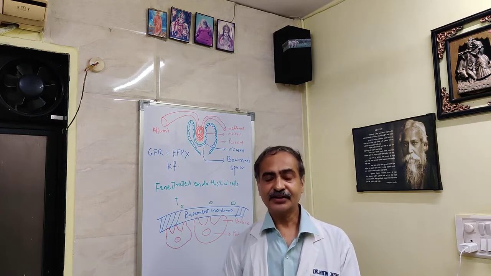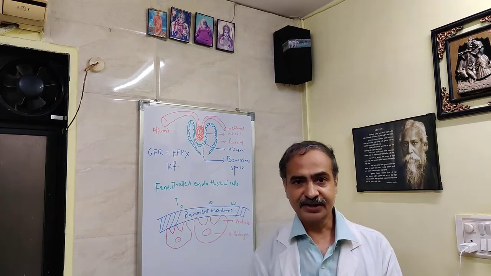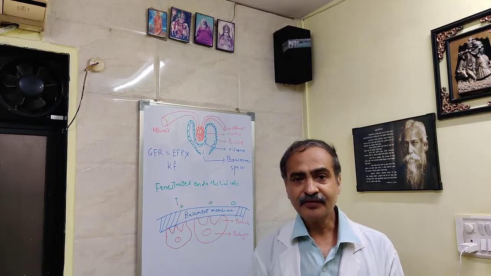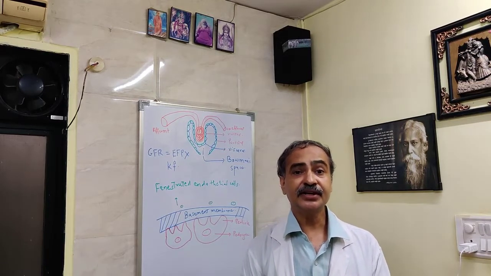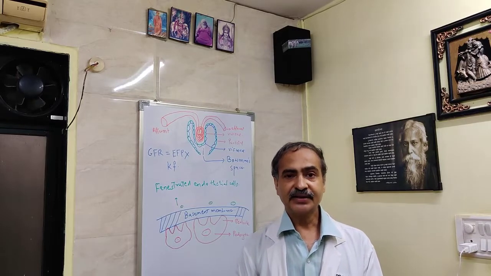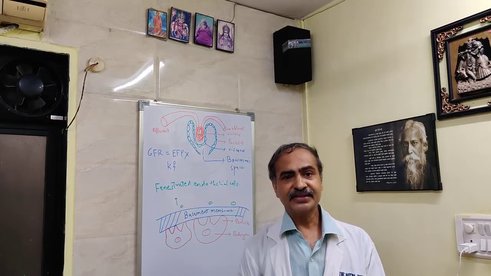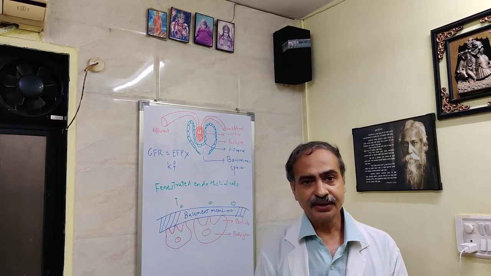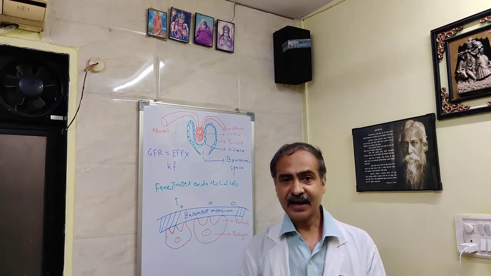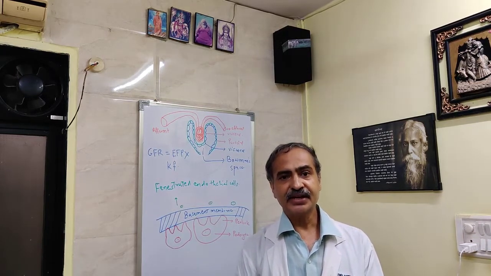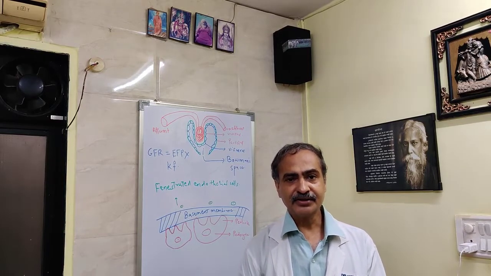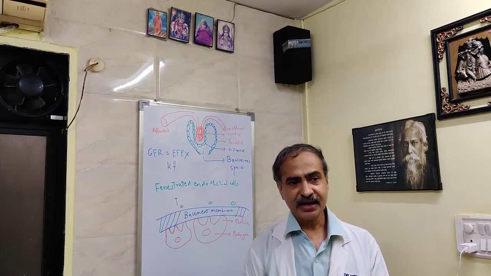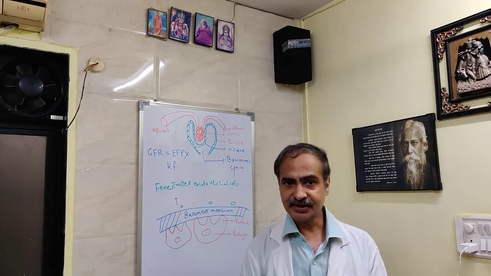Now we will come to the factors which determine the glomerular filtration rate. The most important factor on which the glomerular filtration rate is dependent is renal blood flow. That is, glomerular filtration rate is directly proportional to renal blood flow, because as the renal blood flow increases, it results in increased driving force, that is increased hydrostatic pressure, hence increased filtration, and hence increased glomerular filtration rate.